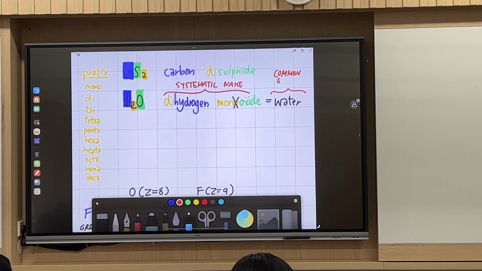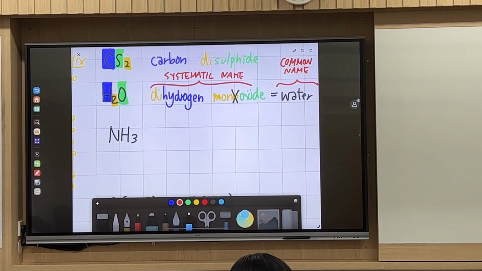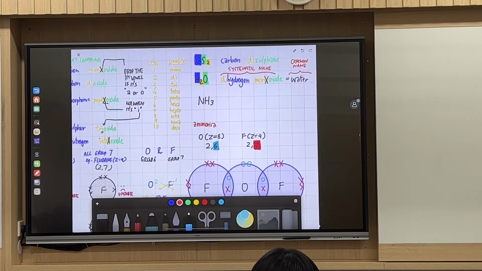We have many other examples of substances that have common names, like NH3. Does anyone remember NH3 a while ago? It's ammonia. Remember ammonia? So this is the common name, ammonia. But if you really must call it by the systematic name, what do you call it?